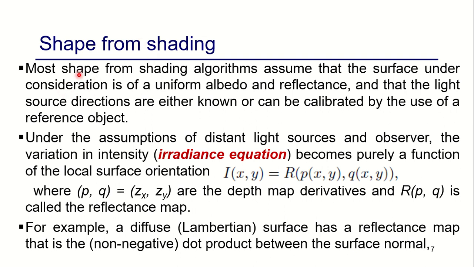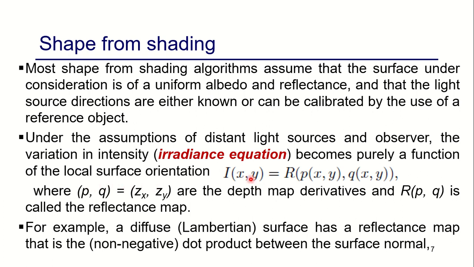Shape from shading. Most shape from shading algorithms assume that the surface under consideration is of a uniform albedo and reflectance, and that the light source directions are either known or can be calibrated by the use of a reference object. Under the assumptions of distant light sources and observer, the variation in intensity, called the irradiance equation, becomes purely a function of the local surface orientation.